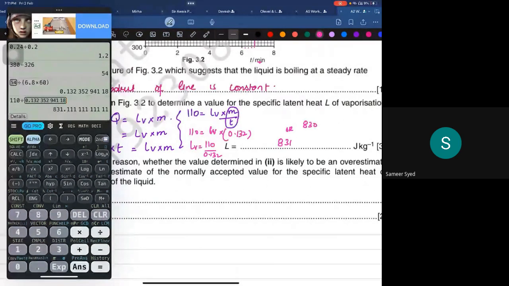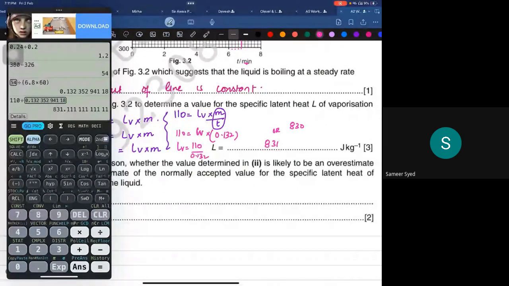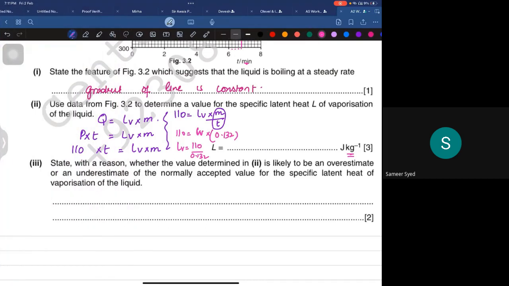But oh no, wait. I just realized that they have also asked us to find this in kilograms, not grams. My bad, sorry. The answer that we get right now for LV, the 831 one, was basically in joules per gram. If I want to convert this into kilograms, I need to divide it by 10 raised to minus 3.